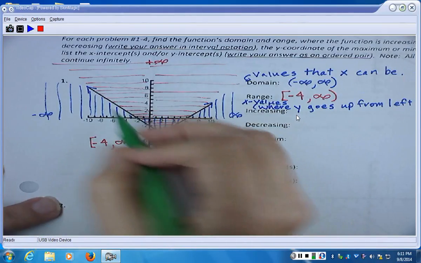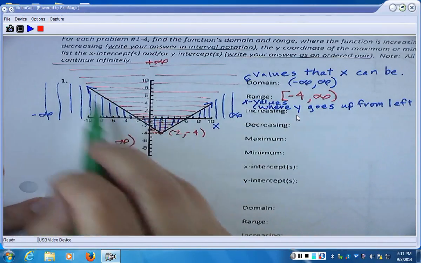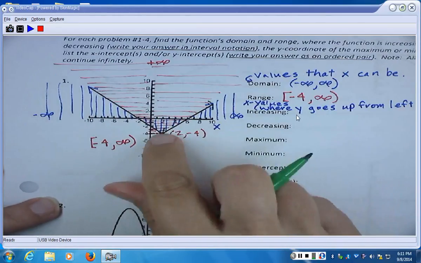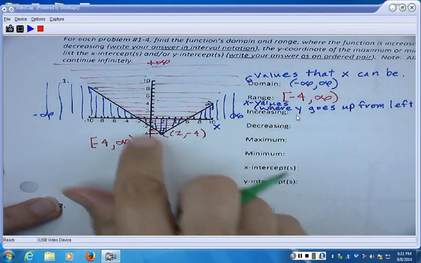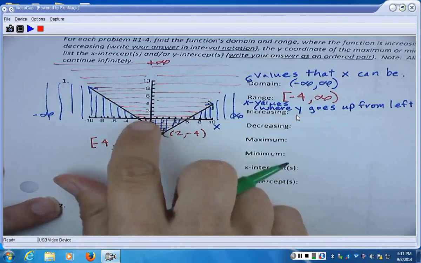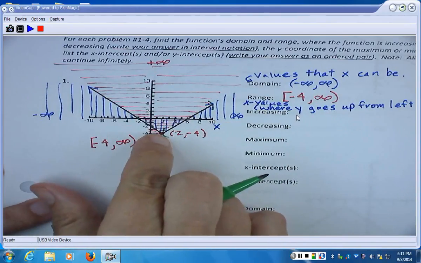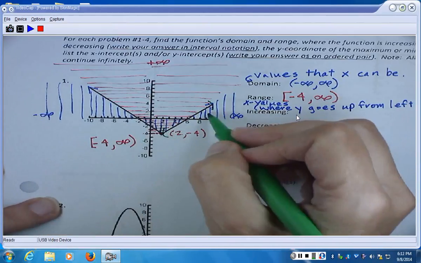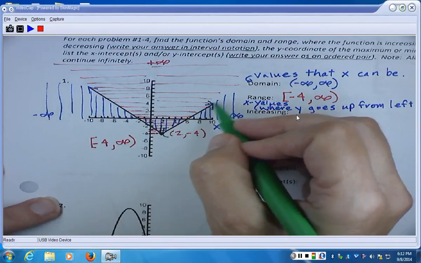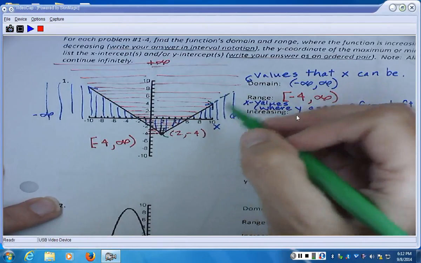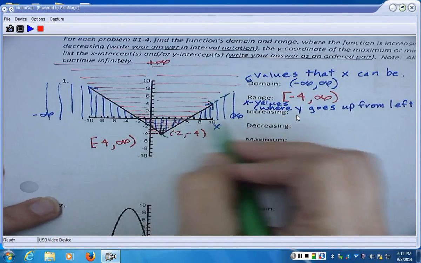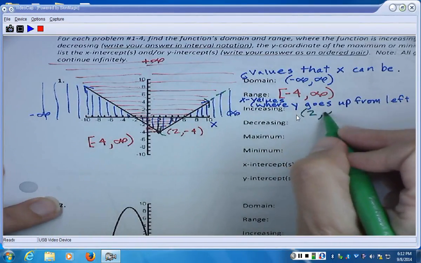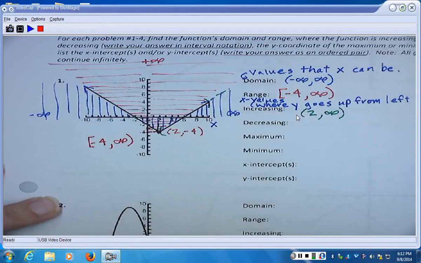This function is decreasing from left to right, here to here, increasing here. So it's from here to here. But don't use your y values. We want the x values. It's going to be from 2, and remember this keeps going to infinity. So from 2 to infinity, it's the x values, 2 to infinity, that's where this is increasing.